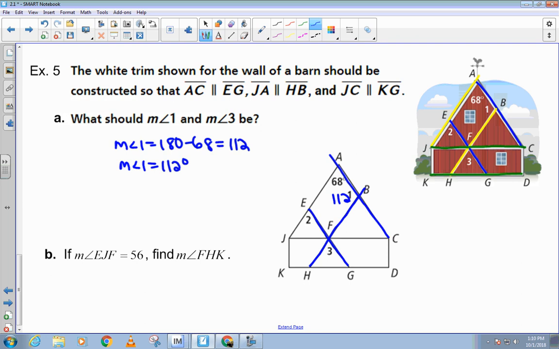What relationship do these two angles have? They're same side interior, right? So they're supplementary. So if this is 112, this is 68, right? Okay? And then this is what relationship right here? They're vertical, right? So the measure of angle 3 is 68. Okay?